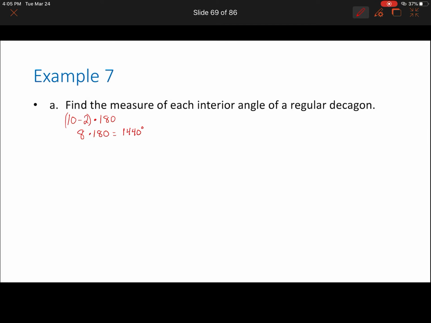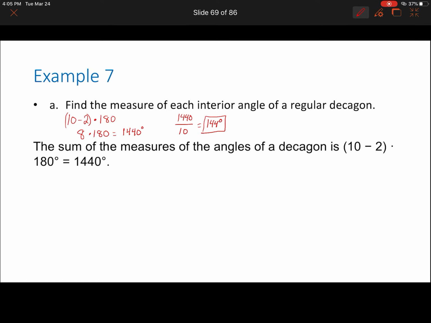And we find out that it is 1,440 degrees of angle measures inside a regular decagon. Now, that's the total. And since it's regular, each interior angle is going to be the same. So if we take that 1,440 and divide it by the number of sides, which in this case is 10, then we see that the measure of each interior angle is 144 degrees.